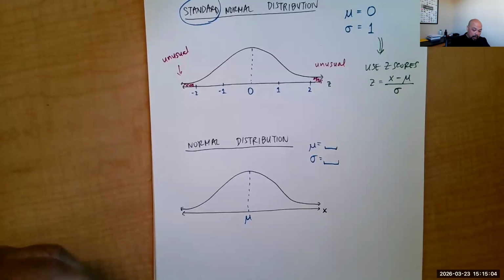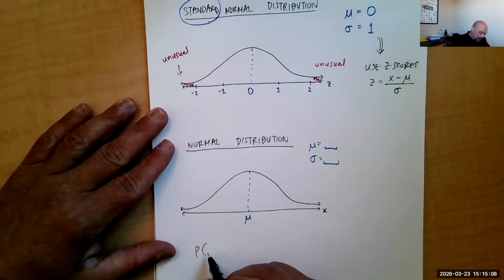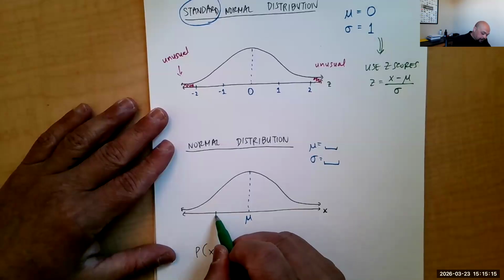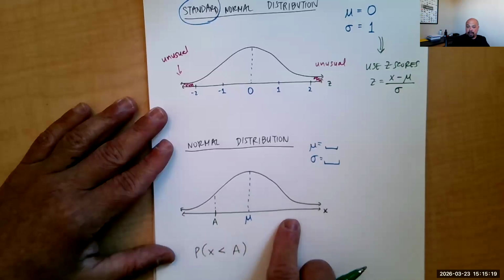And so when we start to calculate our probabilities then, right, find that probability that our x is less than some value a, for instance, right? We can find our value a on the number line, whether it be below the mean or even above the mean, right?